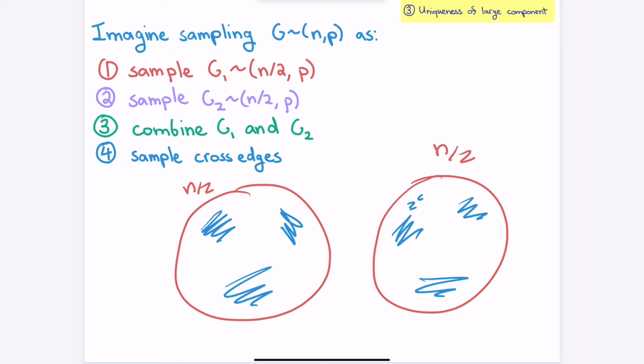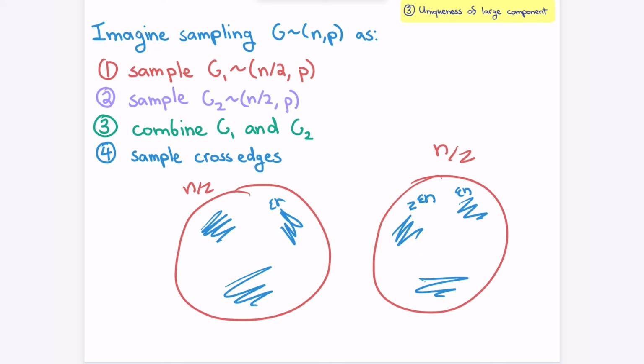Each of these will have at least epsilon n vertices. So imagine splitting the vertices in half and sampling their edges separately. In each of them, we get some giant components. We should note that there are at most 1 over epsilon giant components in each one because each giant component has size epsilon n.